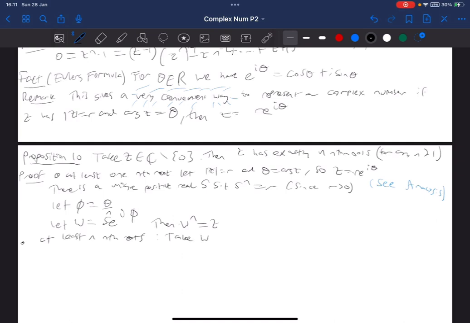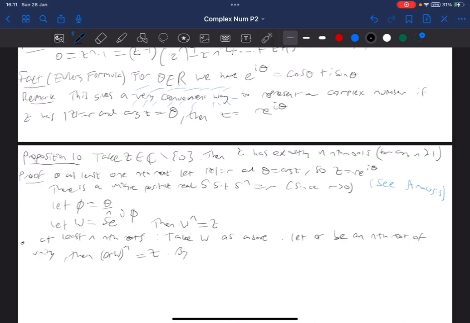So I'm going to take w as written above, and then I'm going to let alpha be an nth root of unity. Then alpha times w to the power of n will be equal to z.